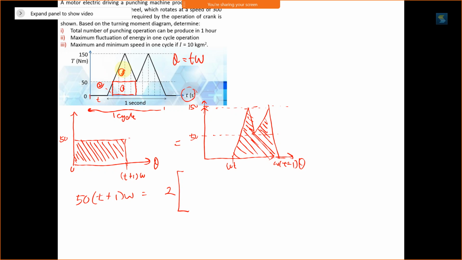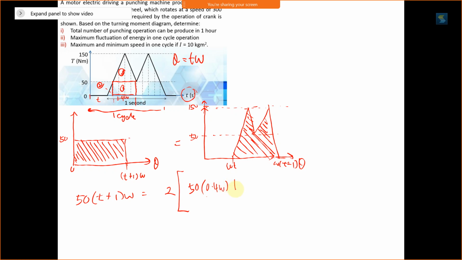So what is our area there is 50 times the distance here: 1, 2, 3, 4, 5, 6, 7, 8, 9, 10. So from here to here we can consider as 0.4 omega, 0.4 omega. Since it is given that from here to here is 1 second, so here must be 0.4 omega.